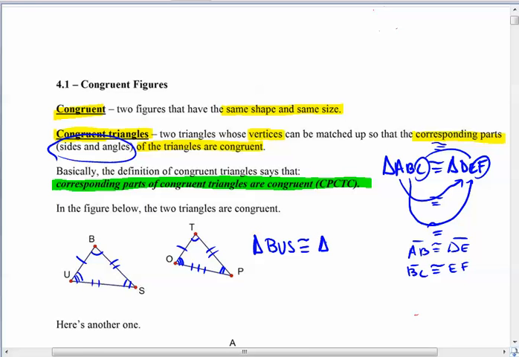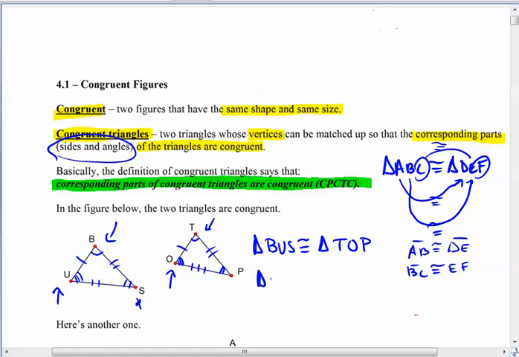So if I've mentioned angle B first, then I need to mention angle T first in the other triangle. If I've mentioned angle U second, then I needed to mention angle O second because it's the corresponding angle. And then finally, S was last, and P matches up with it. So there you go. Triangle BUS is congruent to triangle TOP.